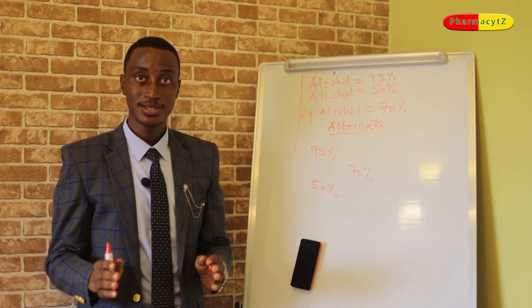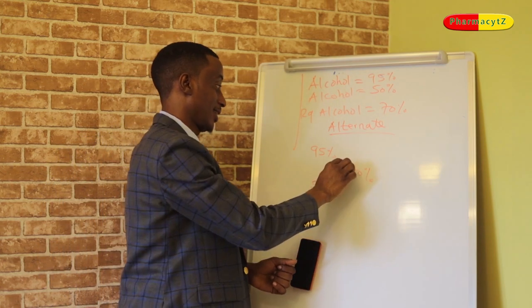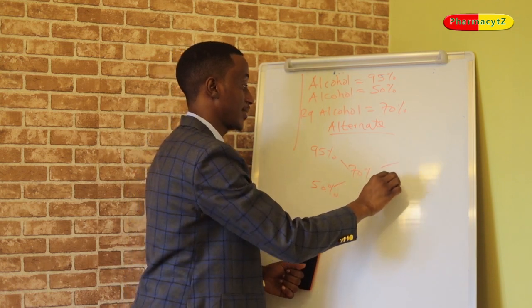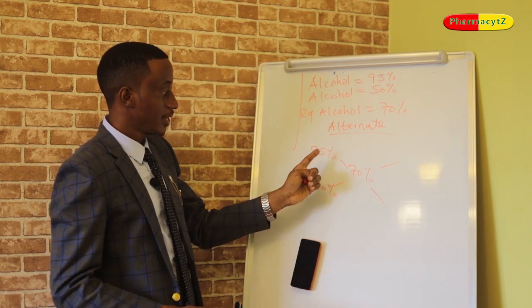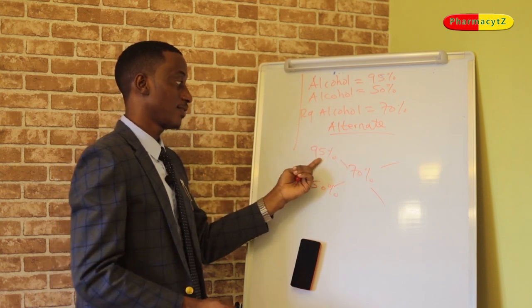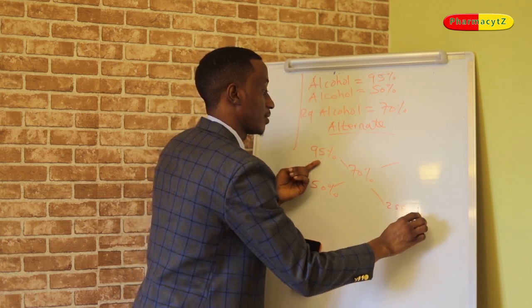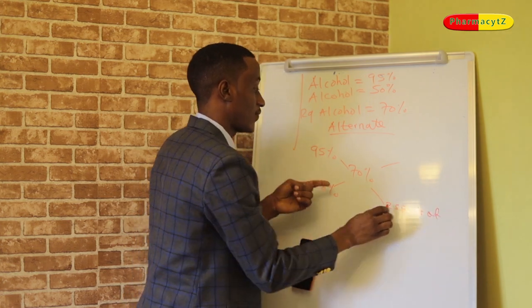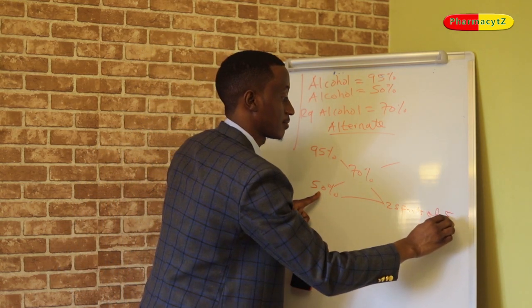Having done this, now you alternate, as the name indicates. So you subtract. It's either 95 minus 70 or 70 minus 95. You get 25 parts. But these are parts of what? These are parts of alcohol 50%.